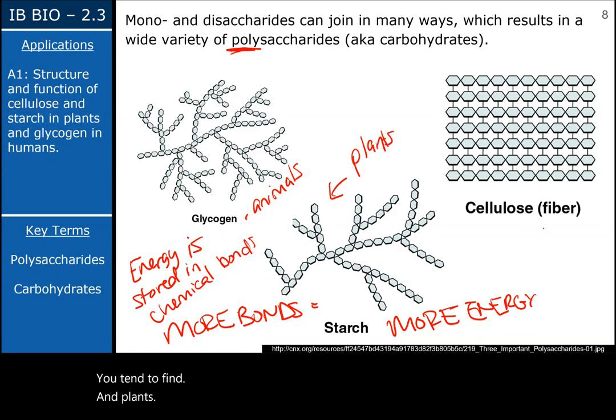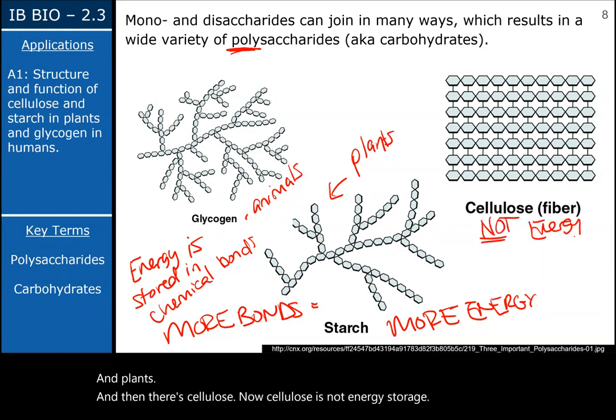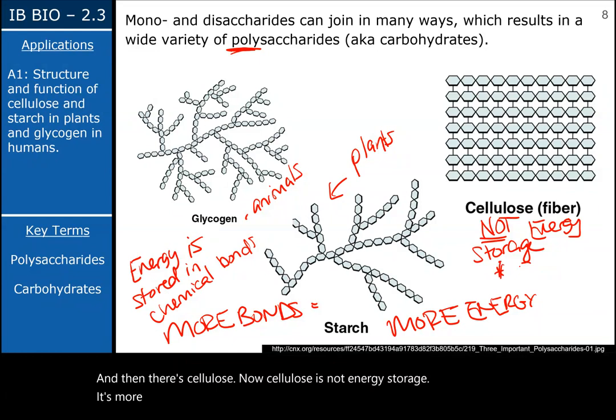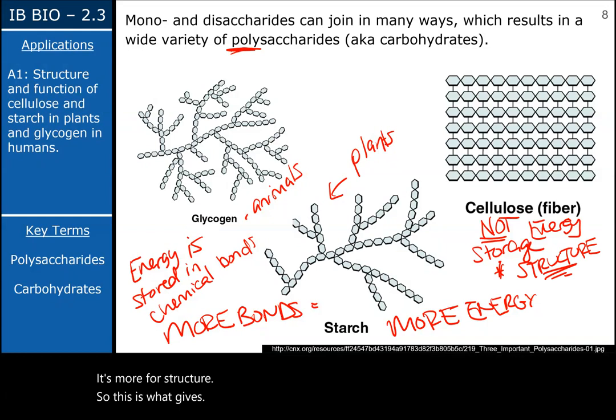And then there's cellulose. Now, cellulose is not energy storage. It's more for structure. So this is what gives plants their structure. This is also why humans can't eat grass, right?